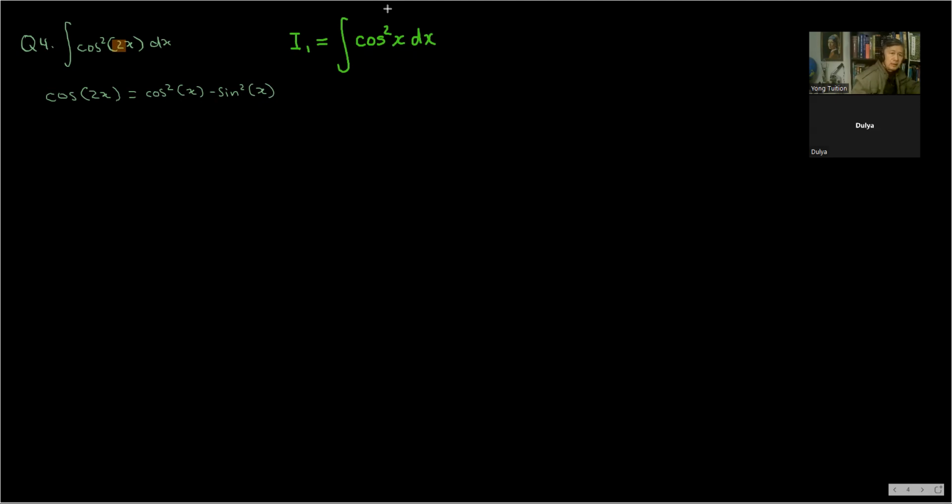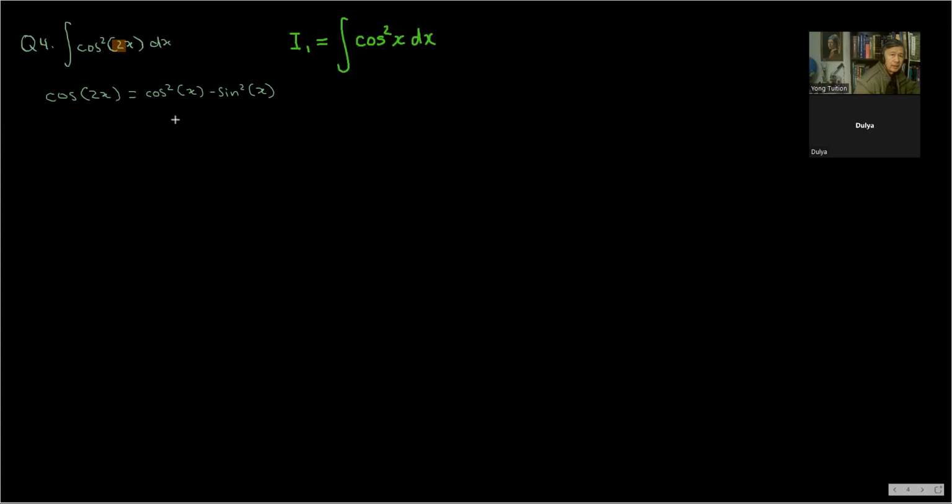Do you know this formula here? How can we simplify this one? You found this formula now, right? Good, you can use this one.